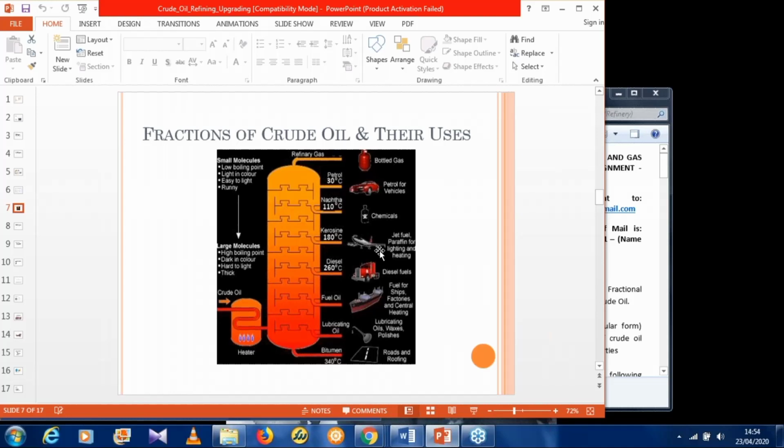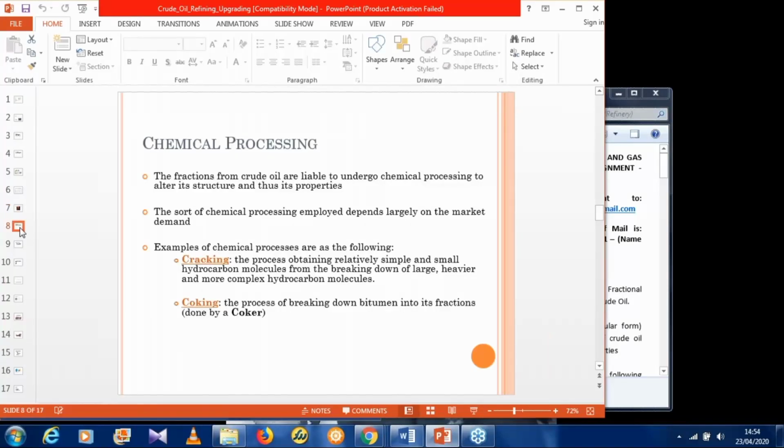Okay, it's called jet fuel, and it's recovered at 100 degrees Celsius. Remember what I said? What differentiates these fractions is their boiling point and their molecular weight. Their boiling point and their what? Molecular weight.